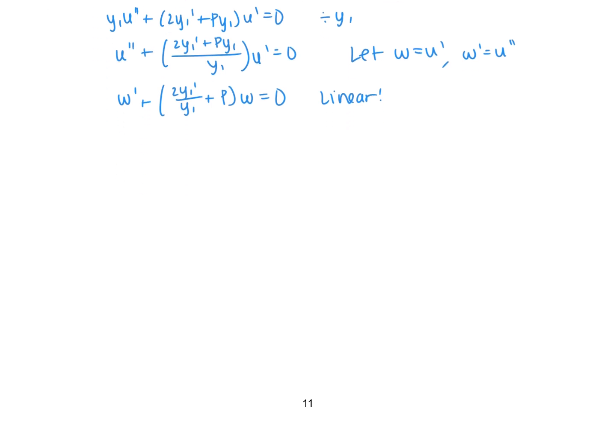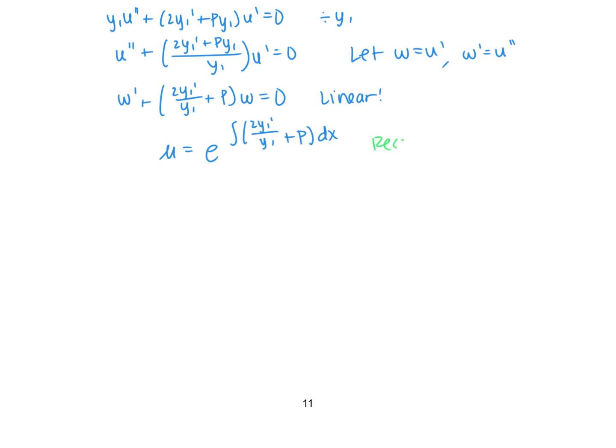Our mu, our integrating factor, is e to the integral of 2 y1 prime over y1 plus p dx. Here's where we need to be a little bit careful because our notation was poor.